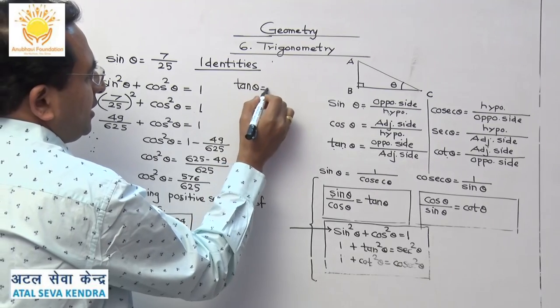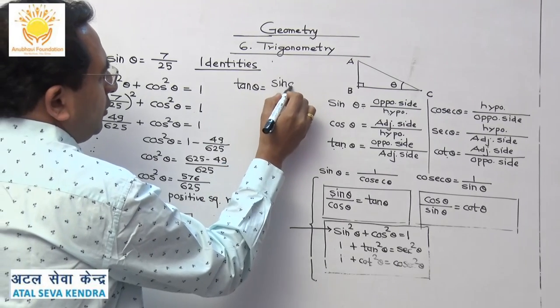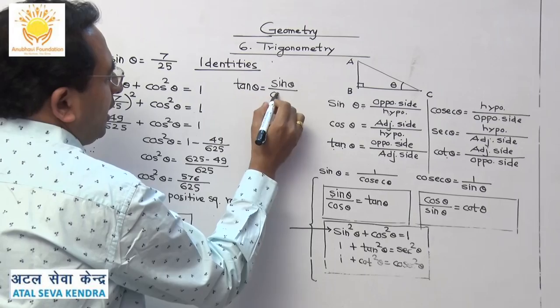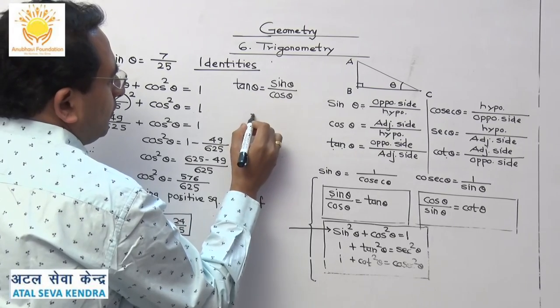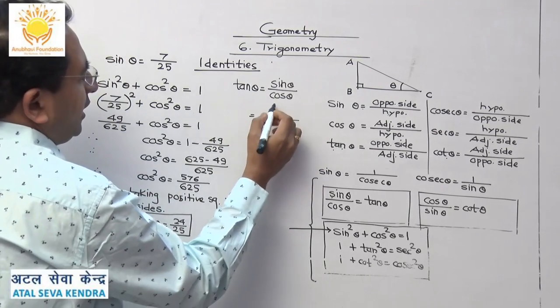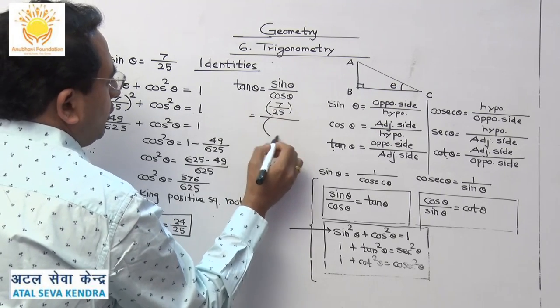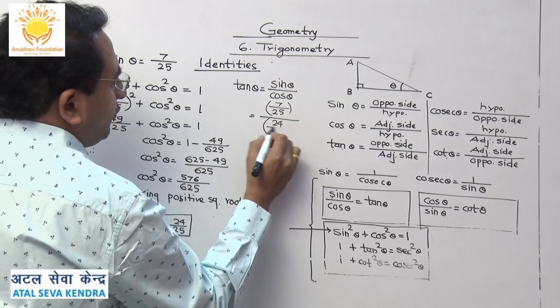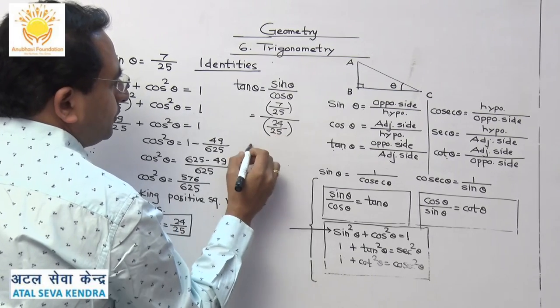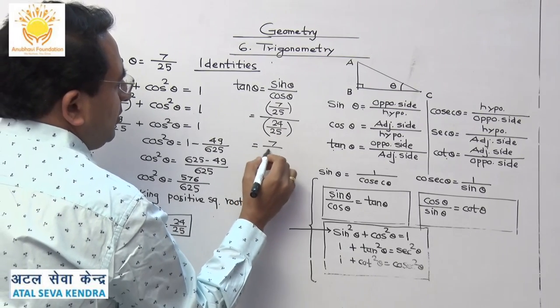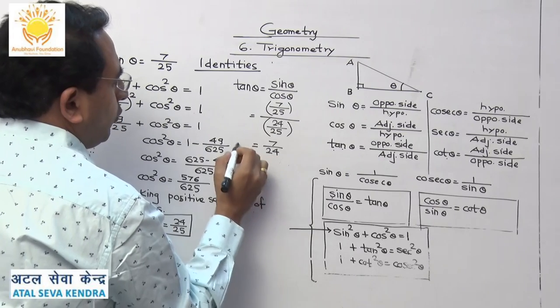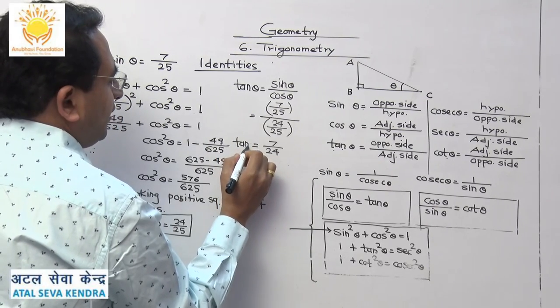Tan of theta is going to be sine of theta divided by cos of theta. So the value of sine theta is 7 upon 25 and cos of theta is 24 upon 25. The answer of this will be 7 upon 24. That is the value of tan of theta.